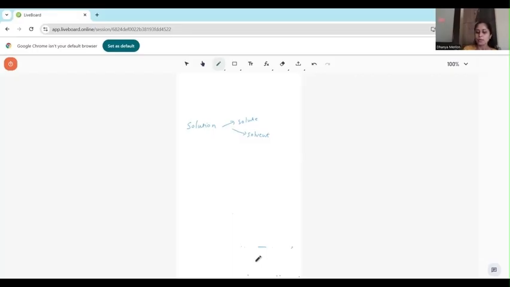Now how do we know which one is the solute and which one is the solvent? Solute means whichever component is less in amount, we call it the solute. Solvent, whichever component is more in amount, we call it the solvent.